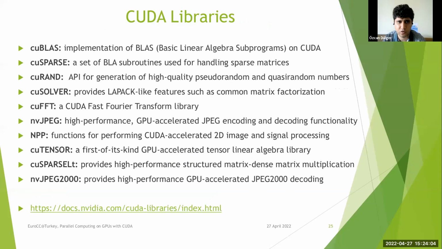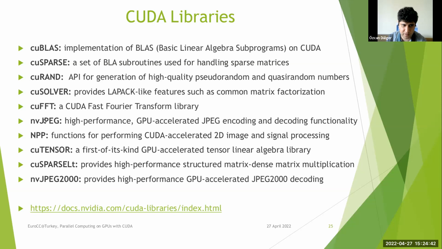These are some CUDA libraries. Here, cuBLAS is used for implementation of basic linear algebra subprograms on CUDA. cuSPARSE, a set of basic linear algebra subroutines used for handling sparse matrices. cuRAND is an API for generation of high-quality pseudo-random or quasi-random numbers. cuSOLVER provides LAPACK-like features such as common matrix factorization. cuFFT, a CUDA fast Fourier transform library, and so on.